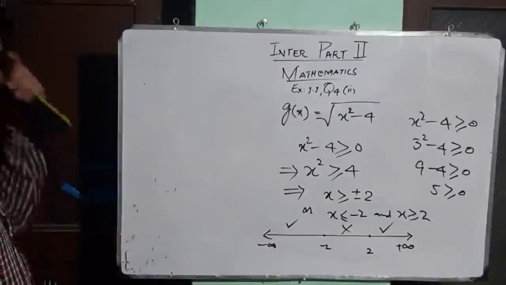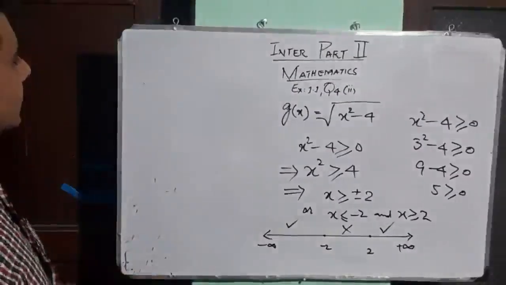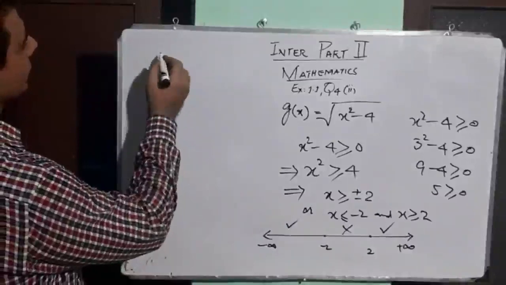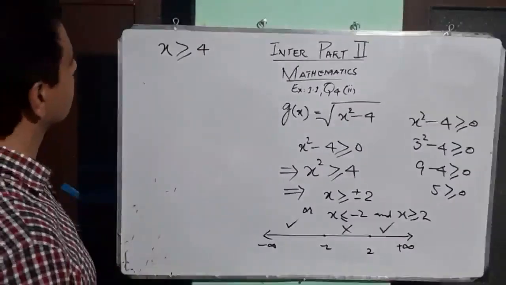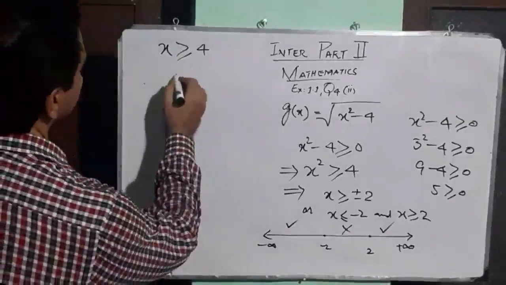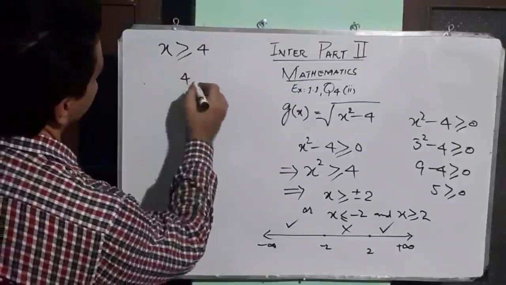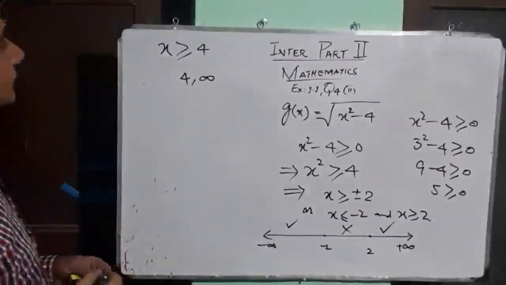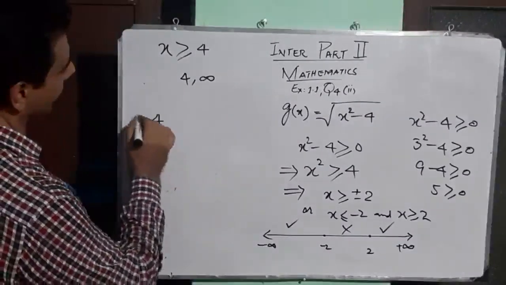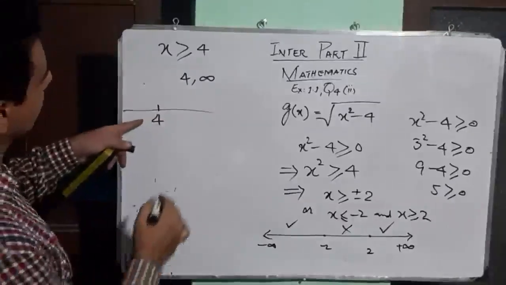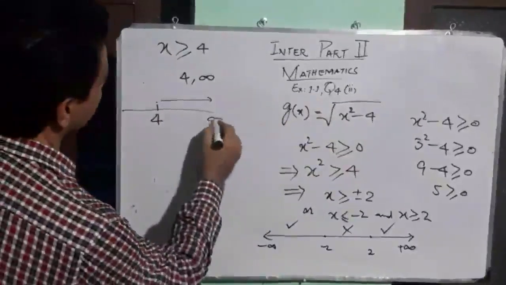Now in interval notation, mind one thing. Suppose we have a value x greater than or equal to 4. We will write the interval 4 up to infinity, because on the number line we draw 4, greater than, from here towards the right side, towards positive infinity.